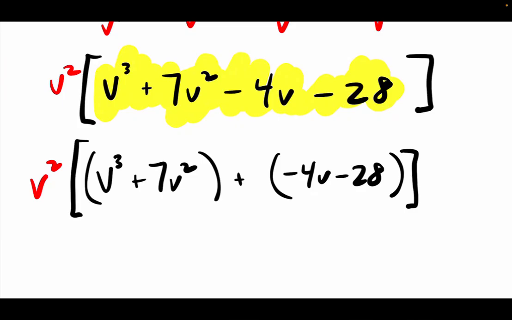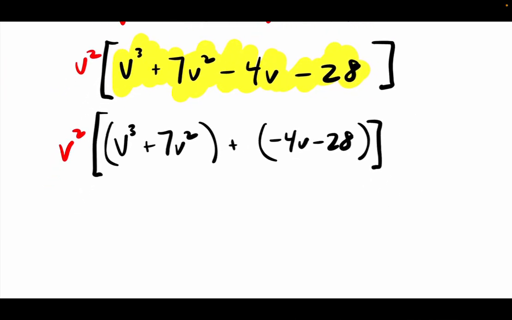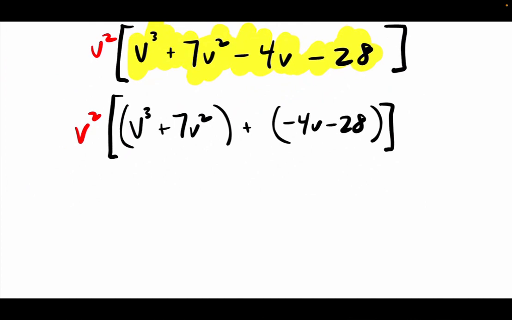As you get used to this and get better with it, tomorrow you're probably going to be able to put steps together. Like a lot of these, 3, 4, and 5, you can do together: group them, GCF all in one. Since it's your notes, I want to go slow and do each step separately.